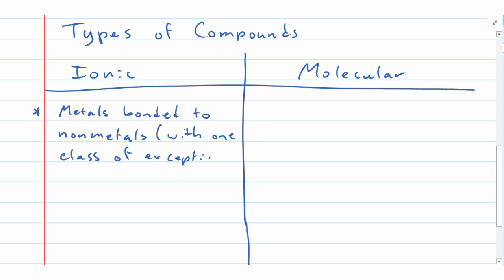That class of exceptions would be ammonium compounds. When it comes time to name ammonium compounds, we will remind you that they are an exception, but otherwise we have metals bonded to nonmetals in all cases when we have ionic compounds.